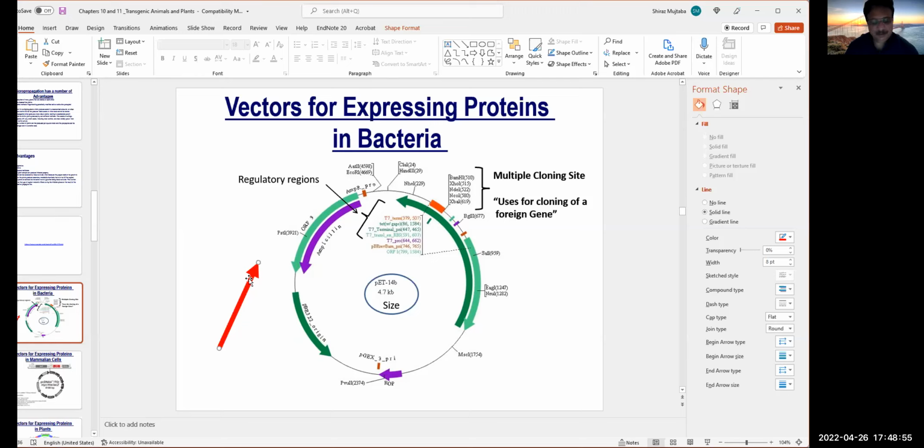And it is very important that this plasmid can grow in bacteria as well as in plant or animal cells. So they have binary capacity: number one, to grow in bacteria, and second, to grow in animal cells, human cells, or plant cells.